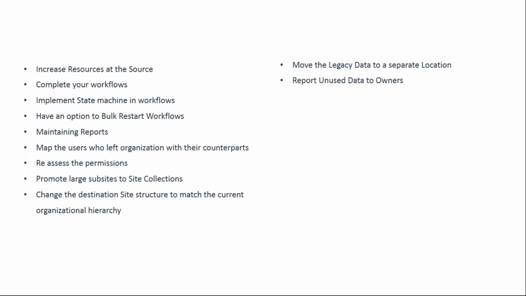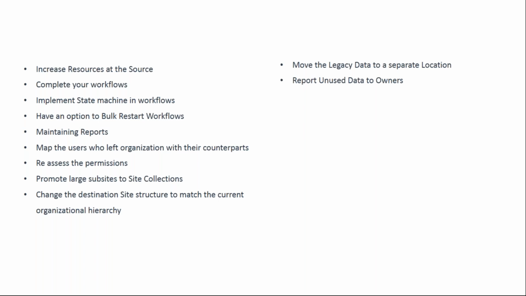My third point, implementing a state machine in workflows, is actually a continuation of the second point. In case you feel that your user base is too huge, and there is not enough control that you can exercise on all of them to get them to complete the workflows, and especially if you see the migration coming at least say 3 months in advance, it's always better to have the workflows modified and include a state machine in them, so that when the migration happens, even if the workflows restart, you are restarting them in a state where the users can continue without much fuss.